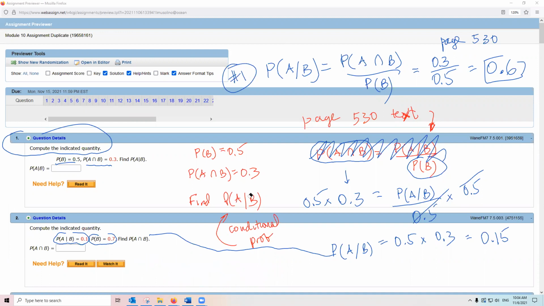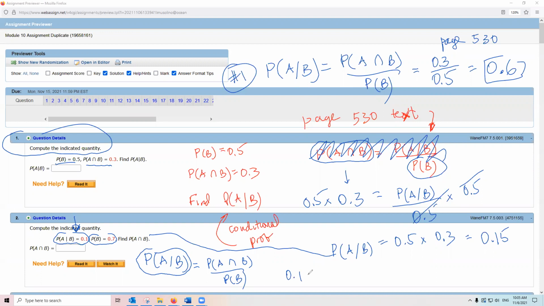And I'm going to write down the correct version of the formula, of course. So the correct version of the formula is the probability of A given B equals probability of A and B over probability of B. Now I'm going to plug in what they're giving me. They're telling me the probability of A given B in this problem is 0.1.